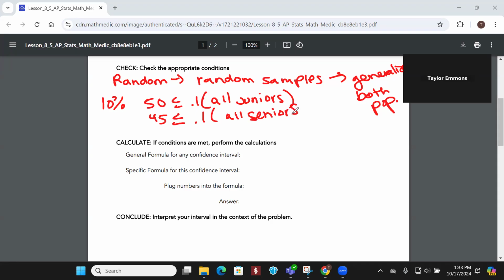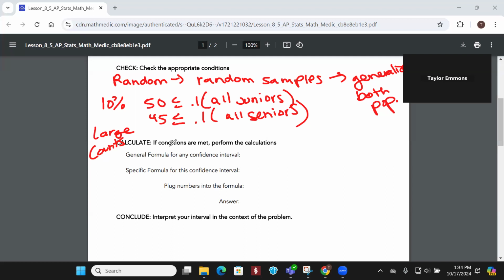Remember, that can tell us that we can sample without replacement. We then have the large counts condition, and that's going to be n times p and n times (1 minus p). You have to do that for both the juniors and the seniors.